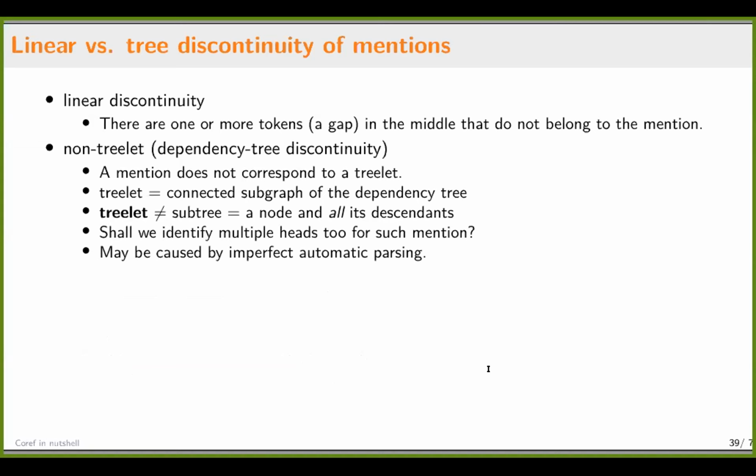And so there is a question whether we want to annotate somehow all such roots or heads of all the parts of the mention. So far, we still choose only one of the nodes as the head. And we should note that in some treebanks or in some of our resources, the parsing is automatic by UDPipe, so it may be wrong. So this may be a spurious non-treelet.